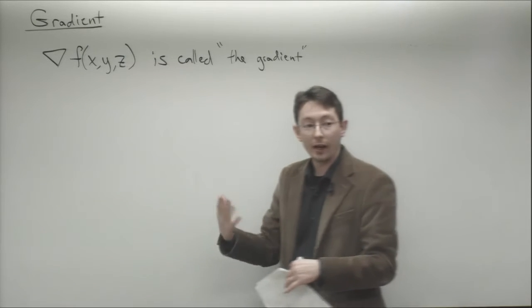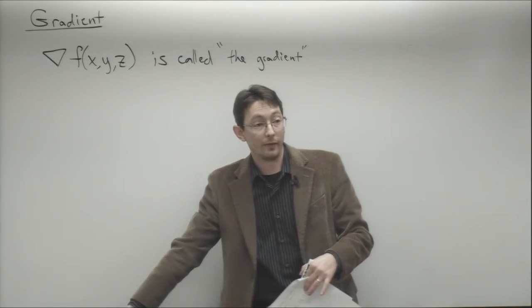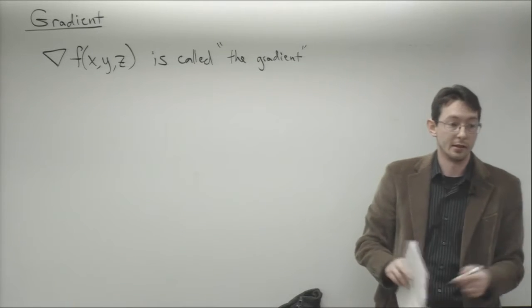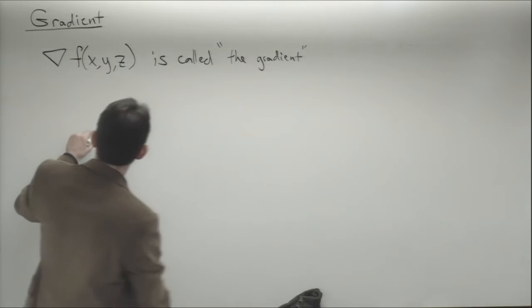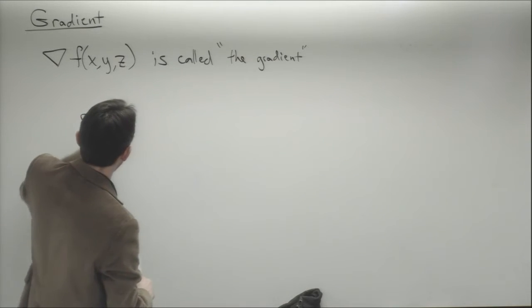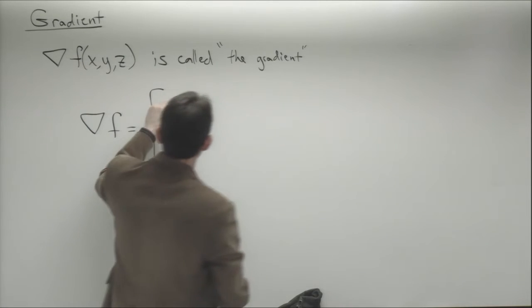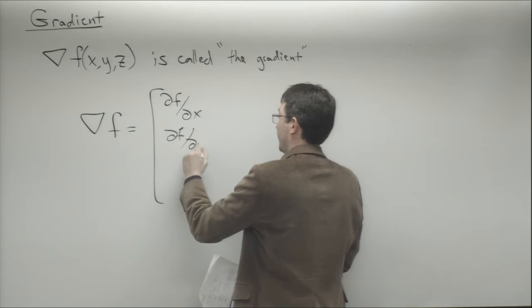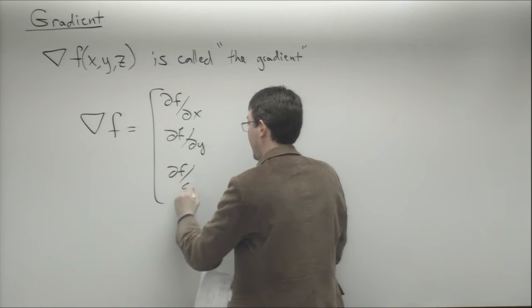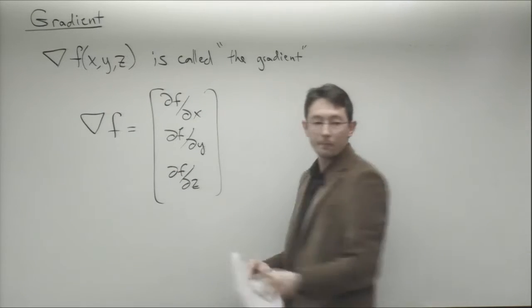Okay, so it kind of measures how fast my function is changing in these different directions. That's the gradient. Okay, and so we say that grad f is just partial f partial x, partial f partial y, and partial f partial z.